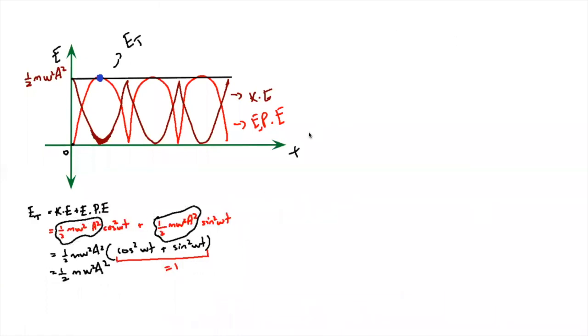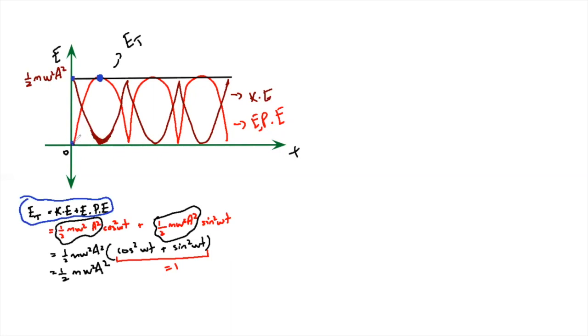Now let me explain in terms of the box that I made earlier. Just remember this: total energy is always going to be equal to kinetic energy plus elastic potential energy. Now, my point was, look at this point. You know that when kinetic energy is maximum, EPE is minimum, right?